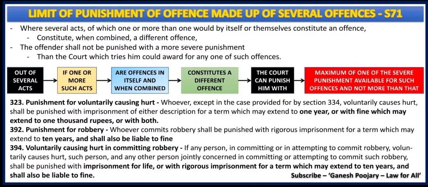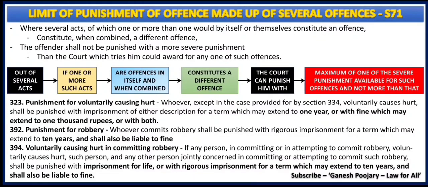Imagine A was committing robbery and Z tried to stop it. A gets angry and he hurts Z. Now, how many offenses did A do? 1. He has committed robbery. 2. He has voluntarily caused hurt to Mr. Z. And if you read in IPC, there is one more beautiful section which discusses voluntarily causing hurt in committing robbery.